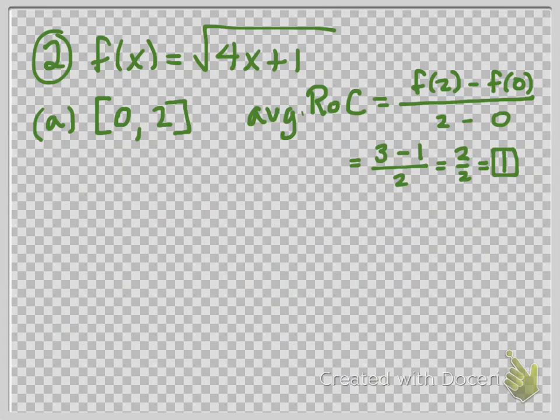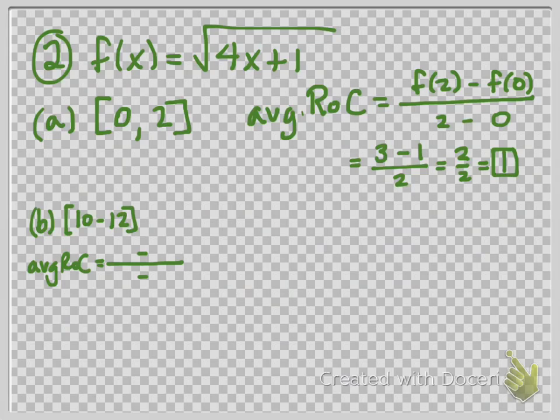And then B, same function, different interval. For B, our interval is from 10 to 12. So our average rate of change is, and this is just what I teach my Algebra 1 students to do, I have them set up the bar with the minuses.